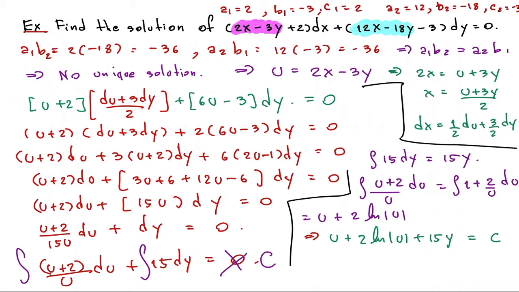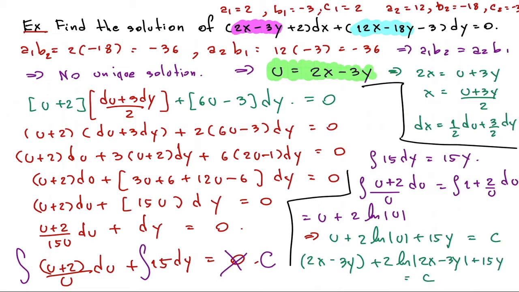U is 2x minus 3y, sorry, it's 2x minus 3y, not 2x minus y. So we have 2x minus 3y plus 2 log of 2x minus 3y plus 15y equals c.